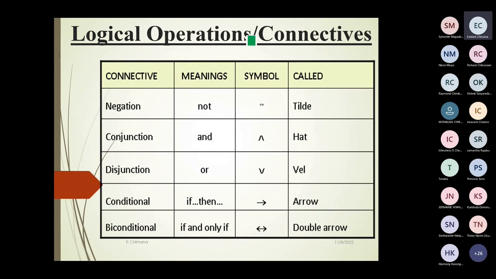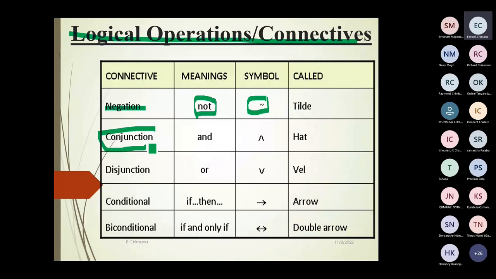So there are logical operations or logical connectives. Let's talk about this. There is the negation operation or the negation connective. Its meaning is not, and this is the symbol that you use.